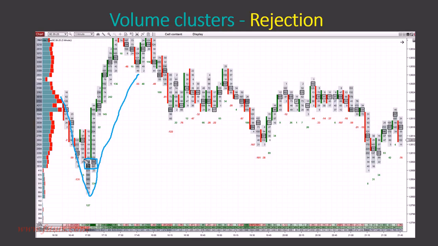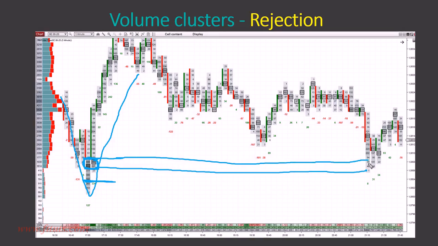You can also identify the support or the volume cluster a little bit bigger, maybe like this. But the heaviest volumes are in here, alright? So let's mark this area, and this is where the price turned. This is what you want to see, alright? Reaction to the heavy volume cluster created within the rejection.